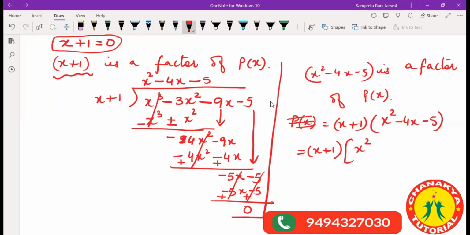So those factors will be 1 and minus 5. Yes, ma'am. When you multiply 1 with minus 5, you get minus 5. When you add them, 1 minus 5 gives you minus 4. So I can write minus 5x plus x, that means x minus 5. And then I do the grouping.